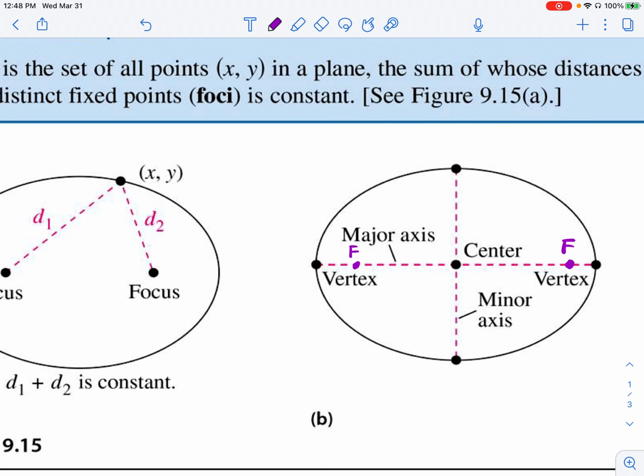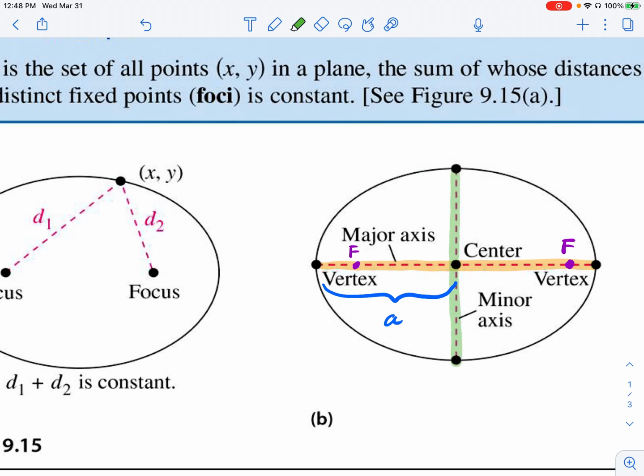So the major axis is the line that runs through the center, the vertices, and the foci. And we are going to label the distance from the center to the vertex. We're going to call that value A, okay? Now, perpendicular to the major axis is something that we call the minor axis.